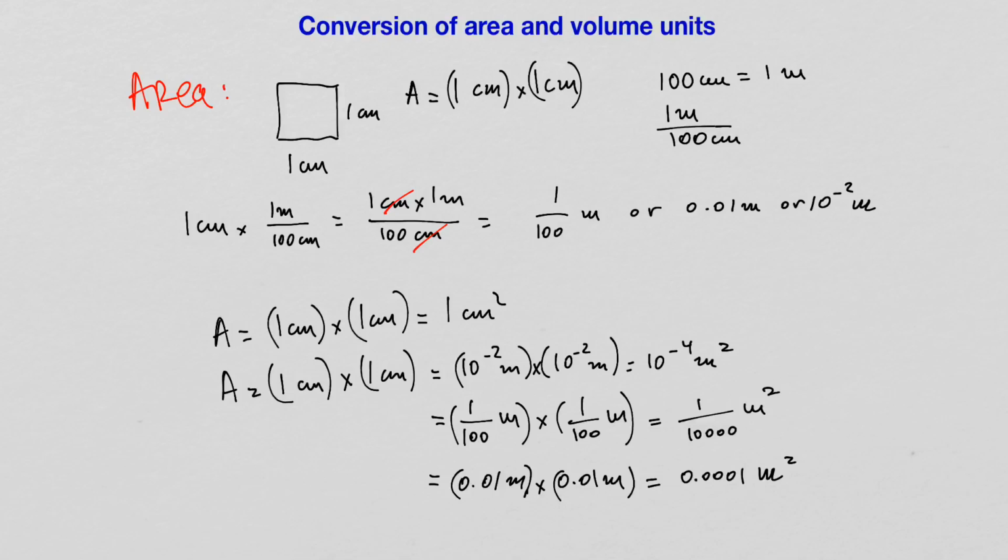So any of those relationships can be used to create a conversion factor that converts from square centimeters into square meters. So we are going to use that to do an actual example with a value for the area that is not just 1, just to show how the calculation goes.